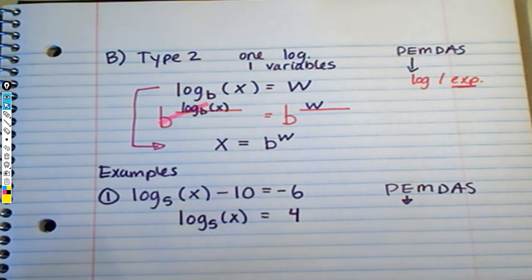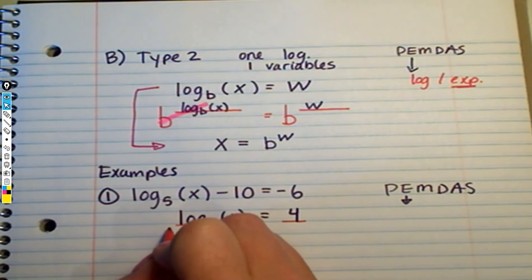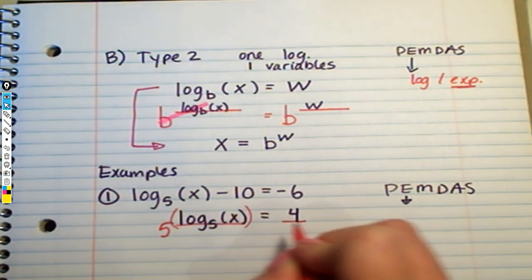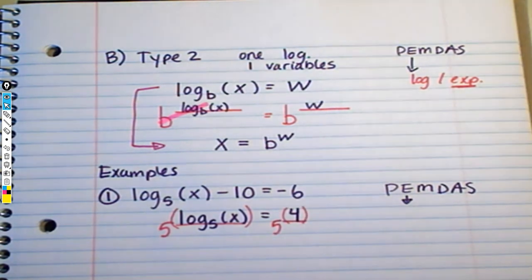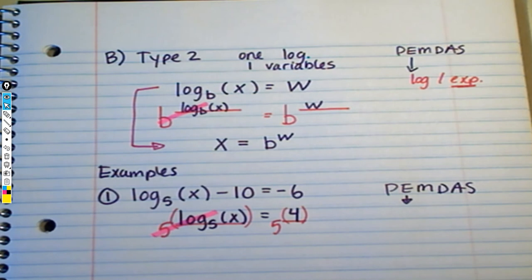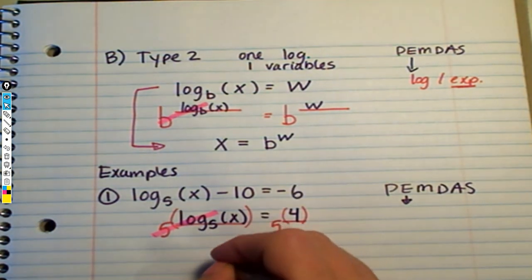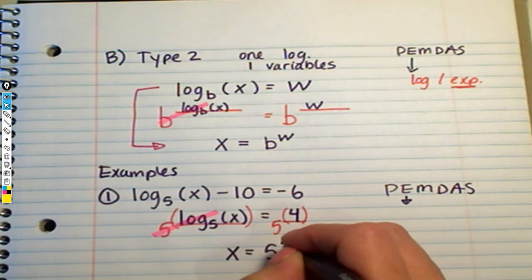And now I'm going to exponentiate. So I'm just going to underline these two pieces, and I'm exponentiating without having to rewrite the equation. Now my inverse property tells me those two things cancel, and I'm left with x equals 5 to the 4th.